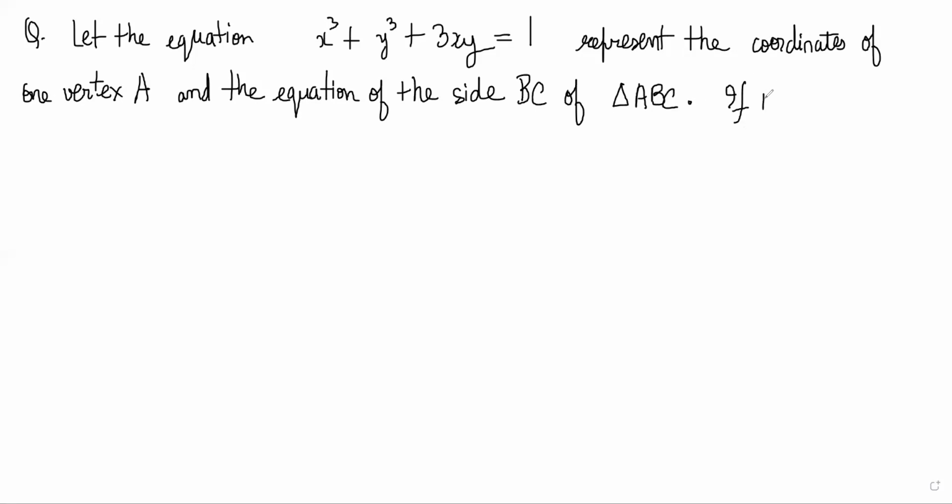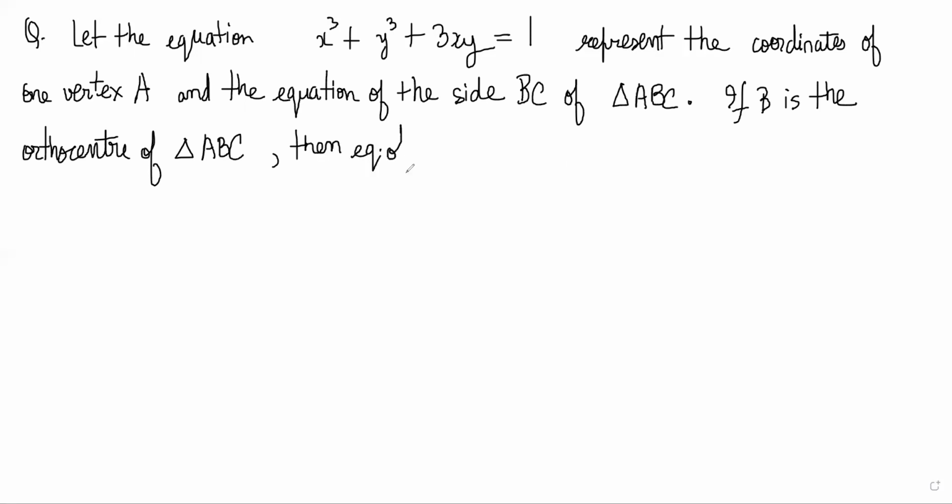If B is the orthocenter of triangle ABC, then equation of side AB is y is equal to mx plus c.